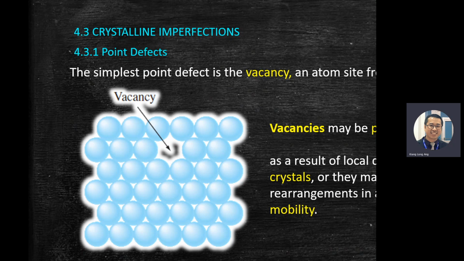Sometimes the solidification happens too fast at that particular point, and there's not enough time to line up. It's like in a uniform body, in the morning call, you want to line up, but some people come late, and then there's a missing spot there. So this is how a vacancy is formed. The rest you read.